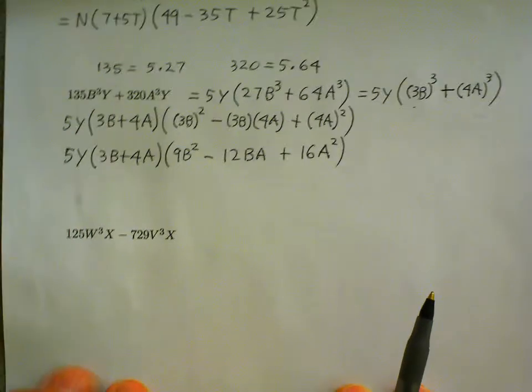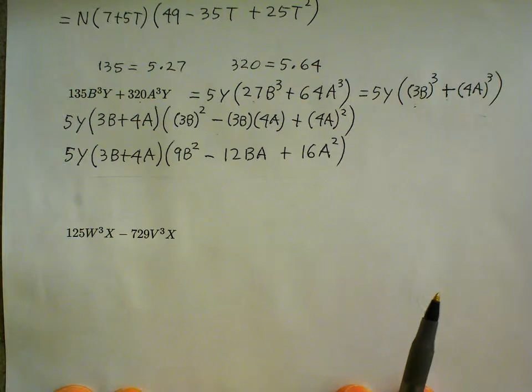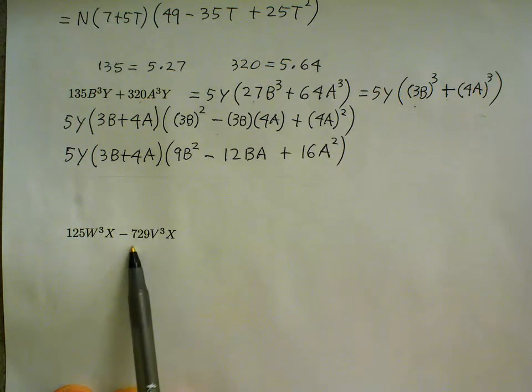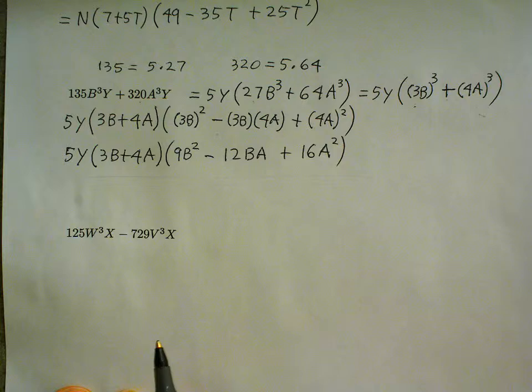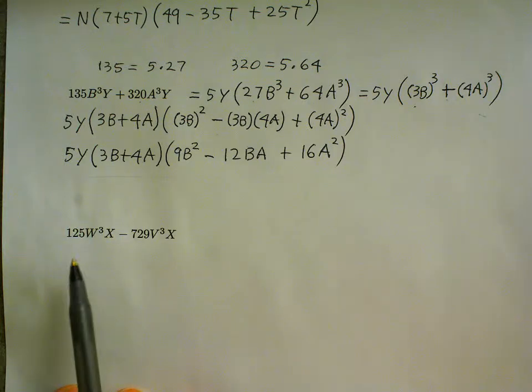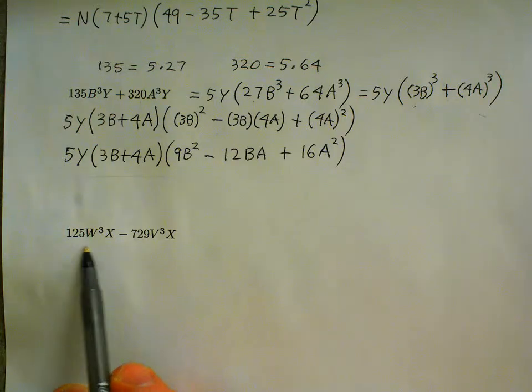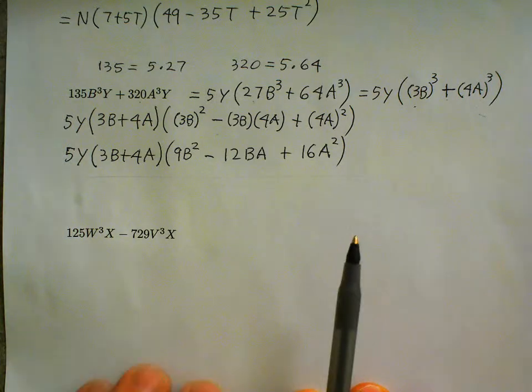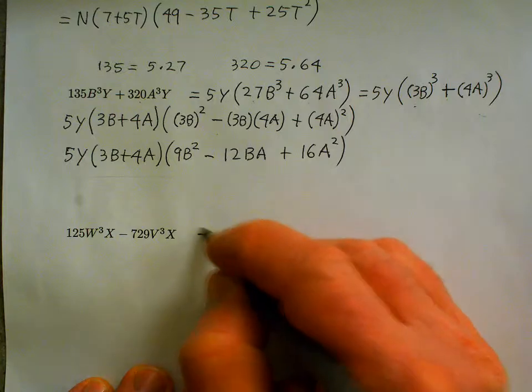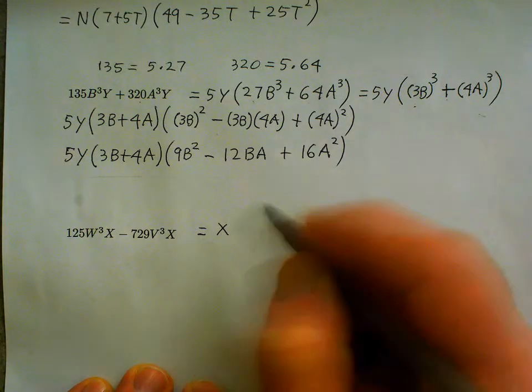All right, the next one, 125w to the third x minus 729v to the third x. Well, the greatest common factor of the two terms here is just x. So we begin by factoring out the greatest common factor x.